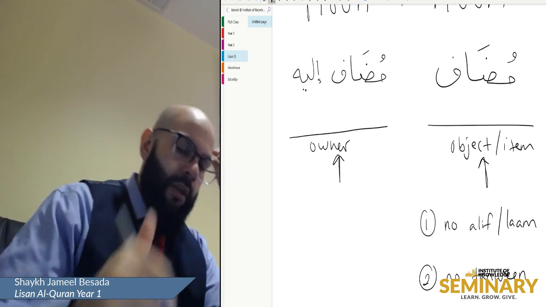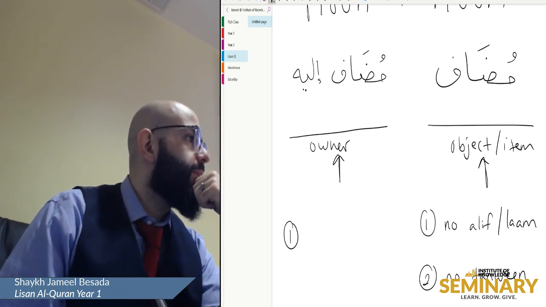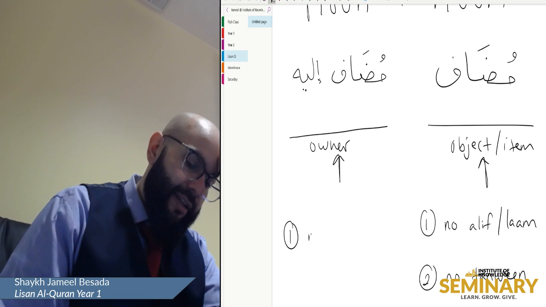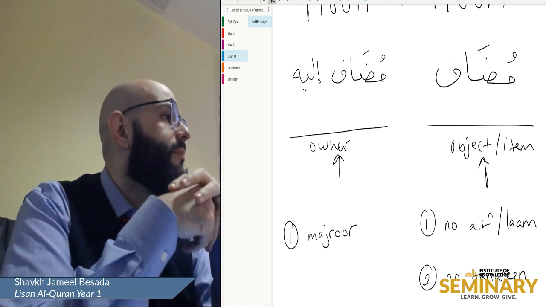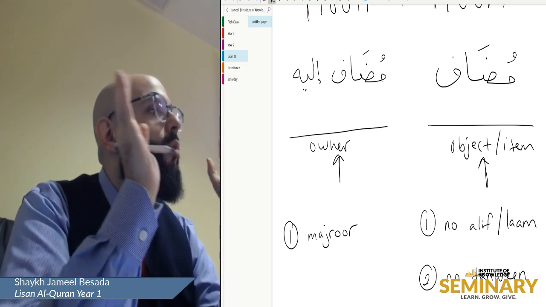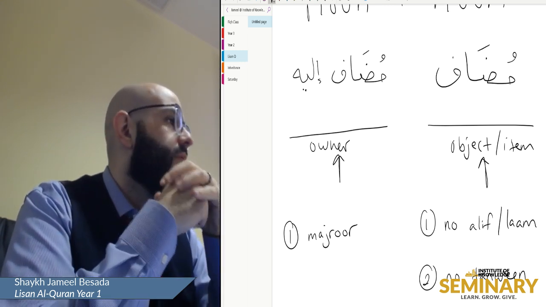Okay? The mudaf ilayhi has one condition only. That it be in a state of jar. Majroor. Okay. However that word expresses the state of jar, that is the condition.